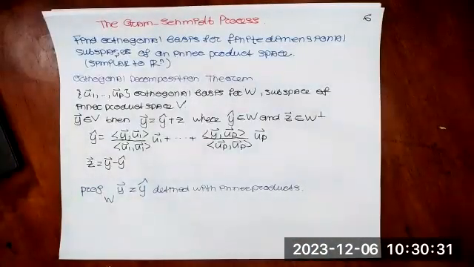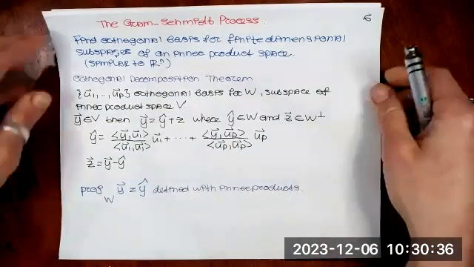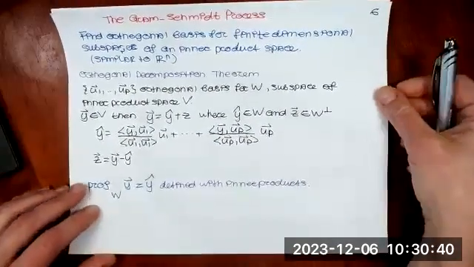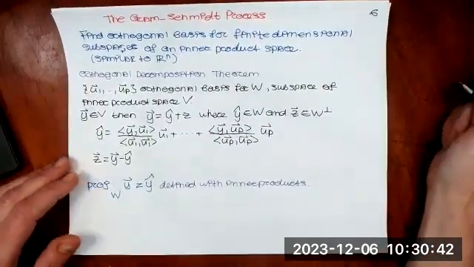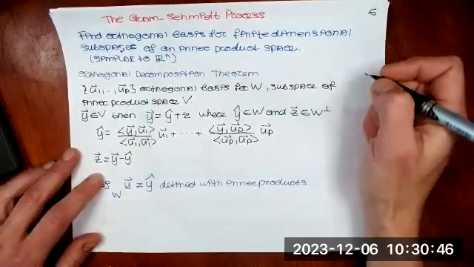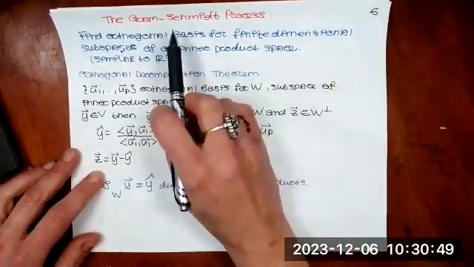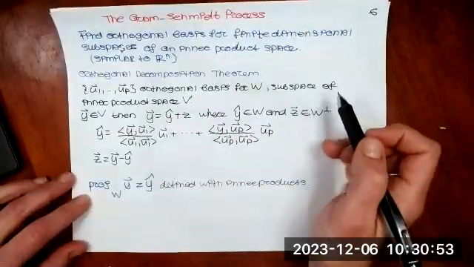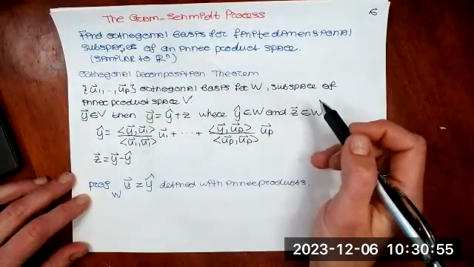And then everything goes through with projections and the Gram-Schmidt process. It works just the same. To find an orthogonal basis for finite dimensional subspaces of an inner product space, you can use the Gram-Schmidt process. We'll get to it. But you also have the orthogonal decomposition theorem.